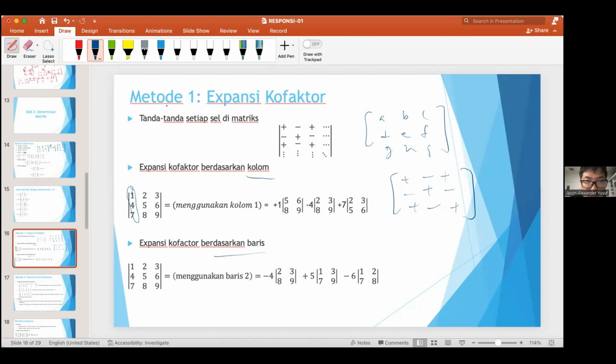For the first component, where do I get 5, 6, 8, 9? To help you, draw a box here. And this is the value that you get, 5, 6, 8, 9, because it's the first row. Let me erase that.